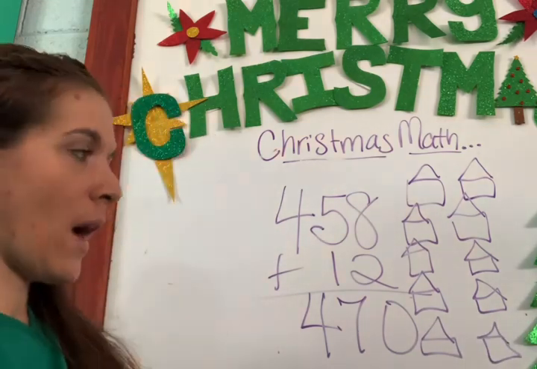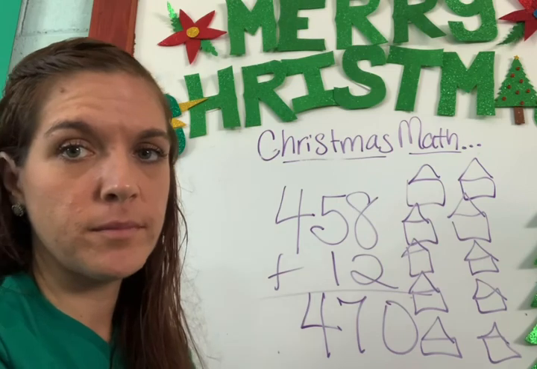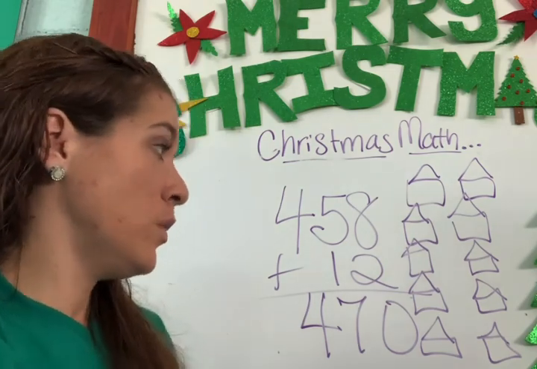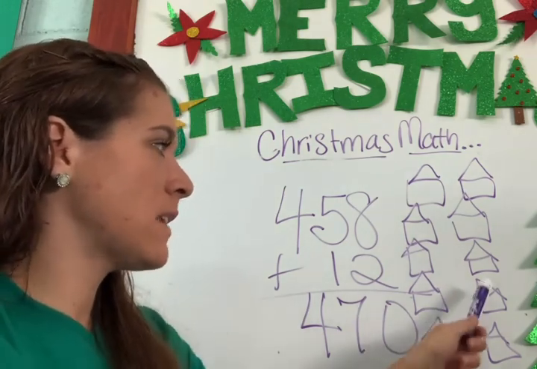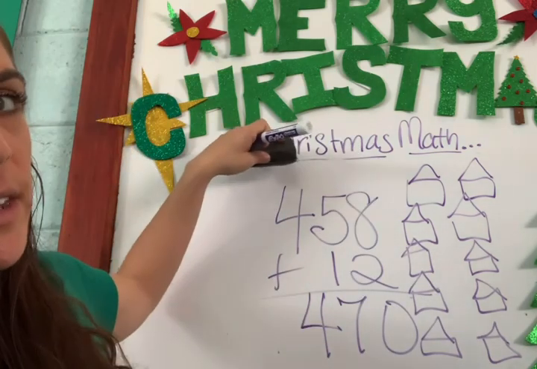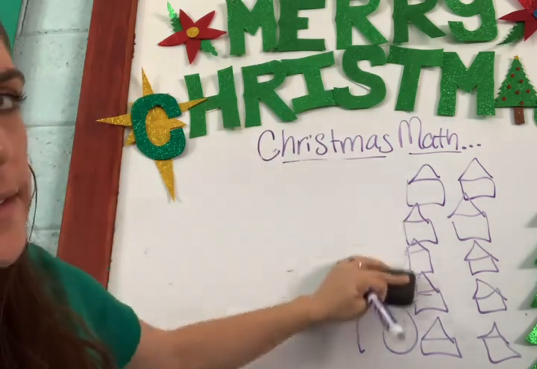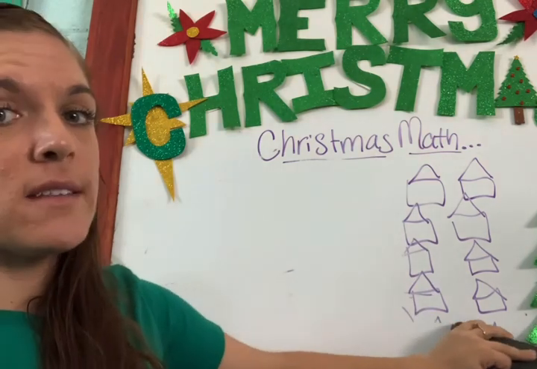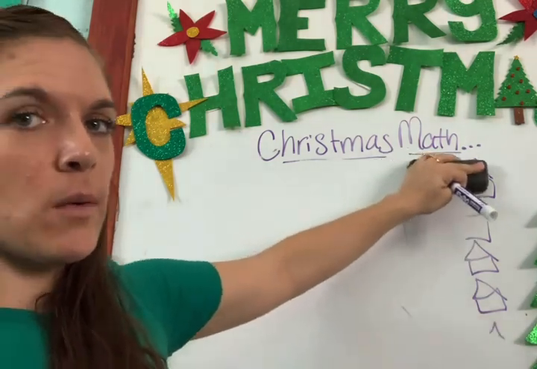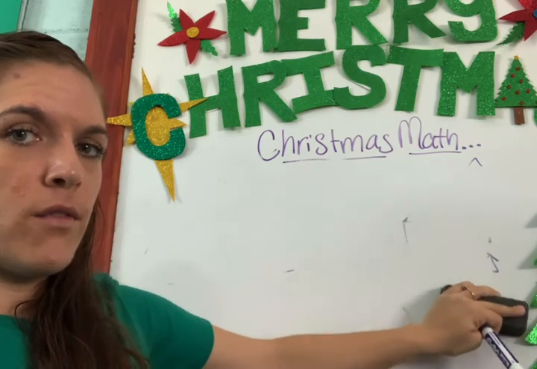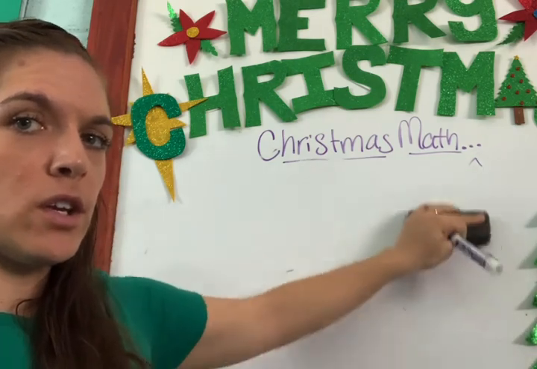What do you think you do? Add, subtract, multiply, or divide? You divide. You divide 470 into these. Oscar, tell me 470 divided by 10 really, really quickly. 470 divided by 10 is what? 47. Excellent job. So your answer to that one is 47. Good, good, good.